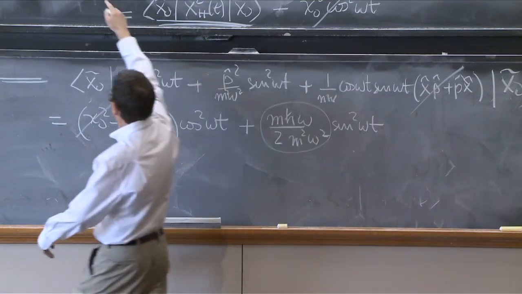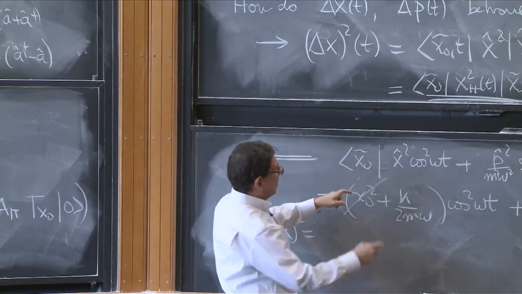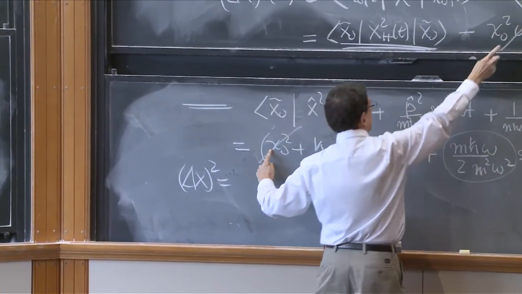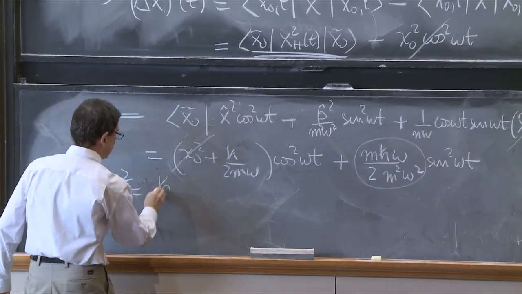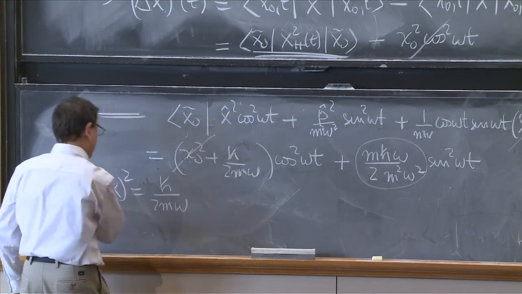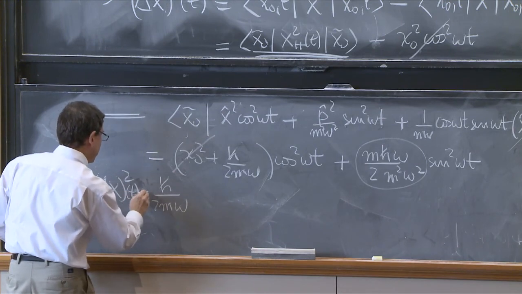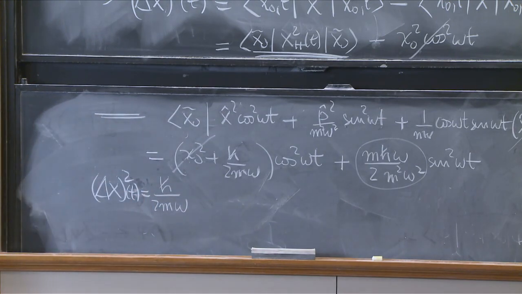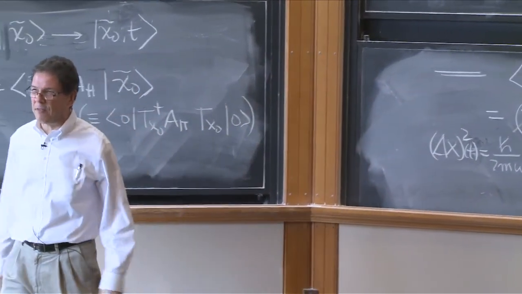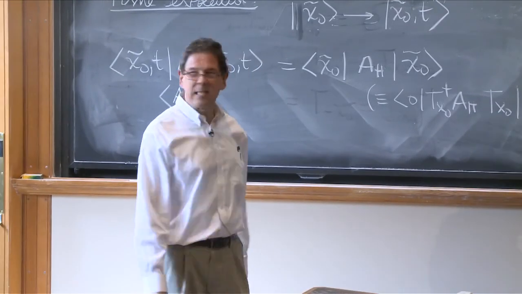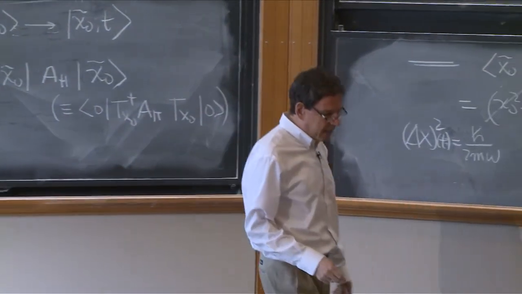So this whole thing, all the times have disappeared: delta x squared. The time dependence has disappeared, the cos squared with sine squared have combined, and you get h bar over 2m omega, which was, I'm sorry, of t. We work very hard to put the t there. We should leave it. The uncertainty as a function of time has not changed. It is the original uncertainty of the ground state. So this is moving in a nice way.